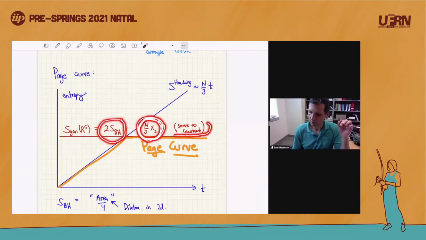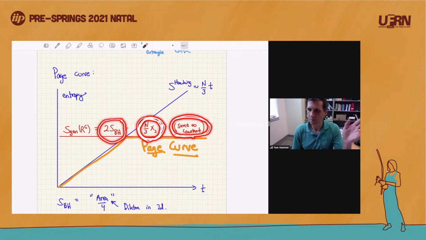This infinite constant is the UV divergence coming from the border, the edge, between region R and its complement. That's why it's the same infinite constant on the two sides of this inequality. That is, the UV divergence in region R is exactly equal to the UV divergence in the generalized entropy.